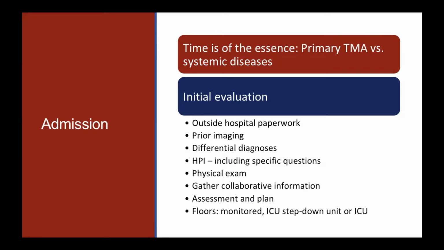The bulk of the diagnosis would occur with the HPI and the physical exam itself. Then, working collaboratively with our consult services, we come up with an assessment and plan that would cover all the differential diagnoses that we're considering, and of course, getting the patient to the right unit in a timely manner as well.